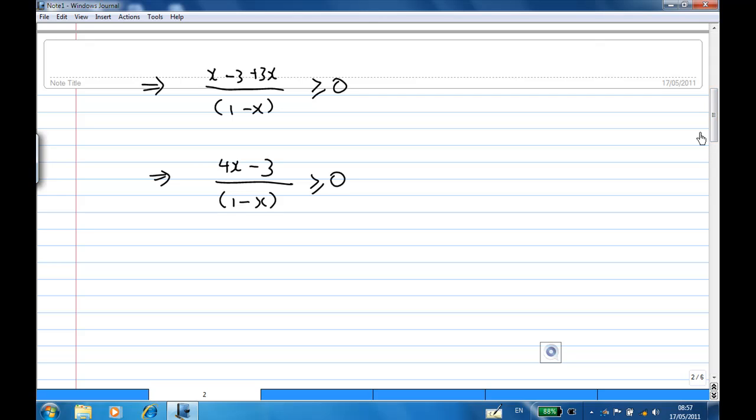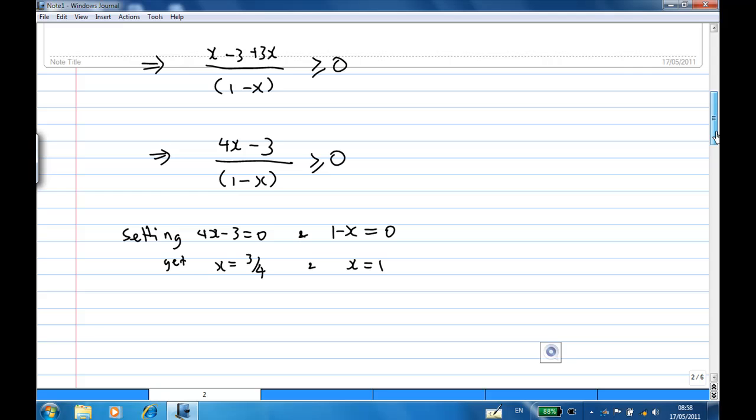Now you can solve this by testing the intervals. By setting 4x minus 3 equals 0 and 1 minus x equals 0, you'll get x equal to 3/4 and x equal to 1.